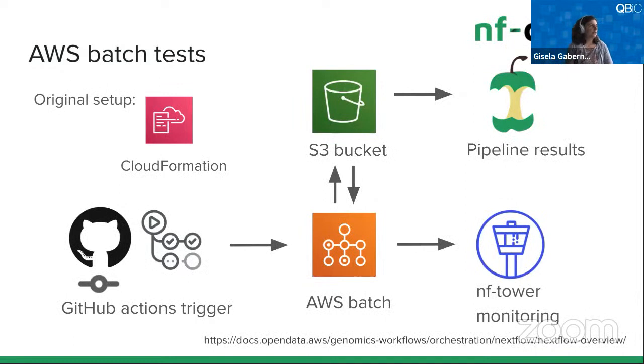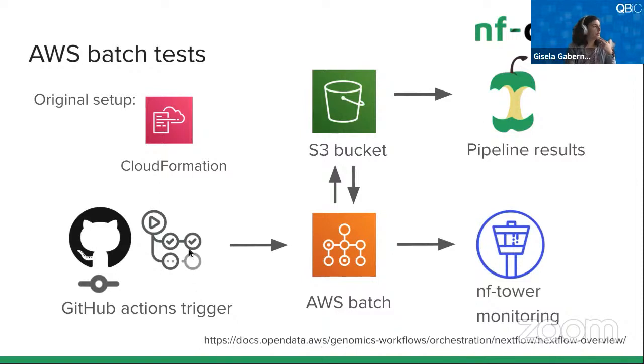So how are those AWS Batch tests actually running? Originally we set up the whole AWS infrastructure that is necessary to run those tests directly using CloudFormation templates that are provided by docs.opendata.aws.